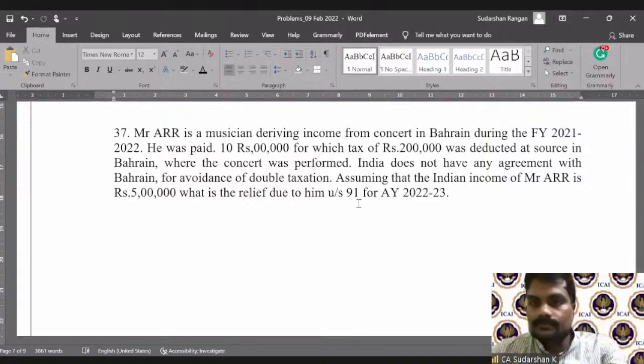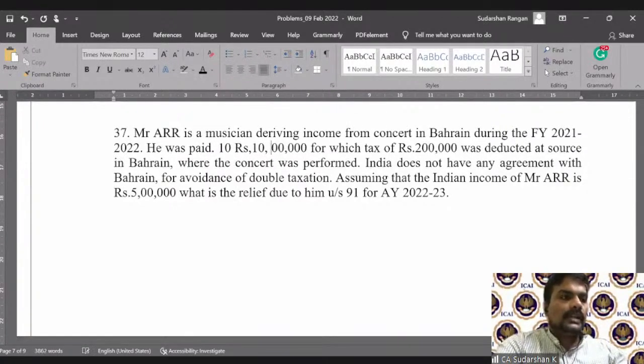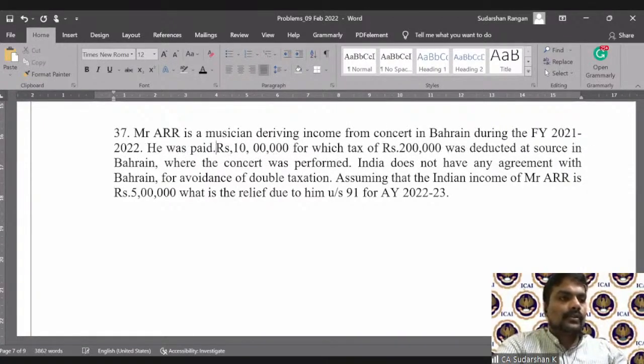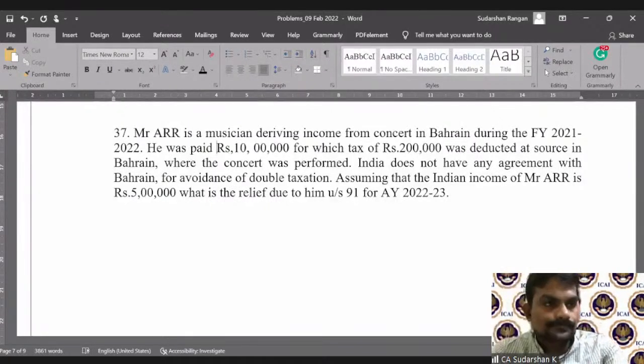So ARR is an Indian musician, a tax resident of India. He was paid 10 lakhs for a concert in Bahrain. There is no tax treaty between India and Bahrain, and in Bahrain, for his performing there, they had withheld or deducted tax of 2 lakhs.